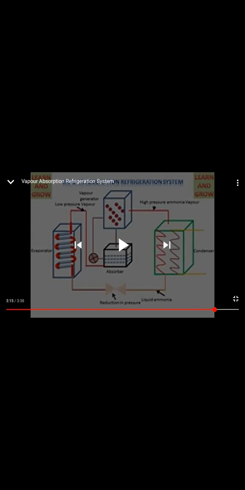I hope you understand the working of the simple vapor absorption refrigeration system. Now we are going to see another topic.